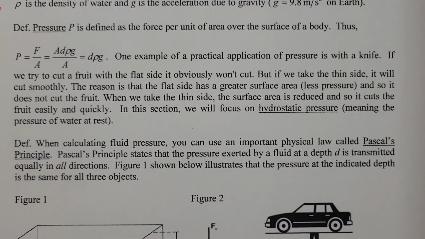If you take the thin side, the surface area is reduced, and so it cuts the fruit easily and quickly. Now in this section we're going to focus on what's called hydrostatic pressure, meaning the pressure of water at rest.